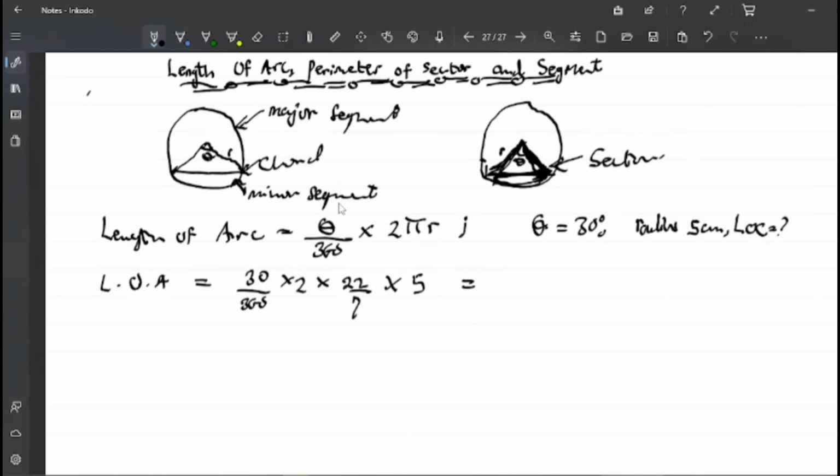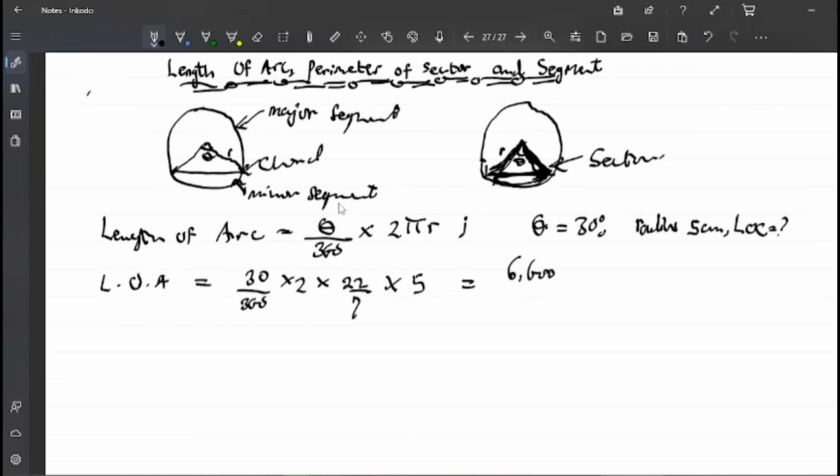If we use our calculator to do the maths, we'll see what that gives us. 30 times 2 is 60, times 22, times 5.